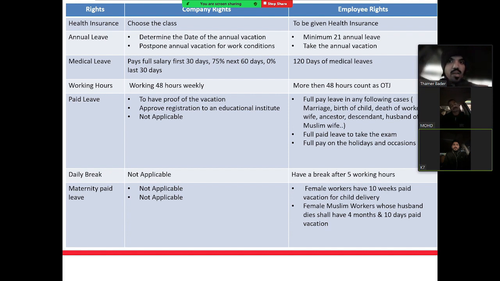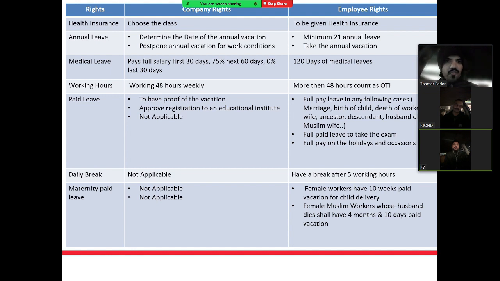The company checks if the education that you will take will harm the work or not. If it will harm the work, the company can refuse. Also, full paid leave to take the exam. This is for employee rights. Full pay on the holidays and occasions. This is the employee's right.